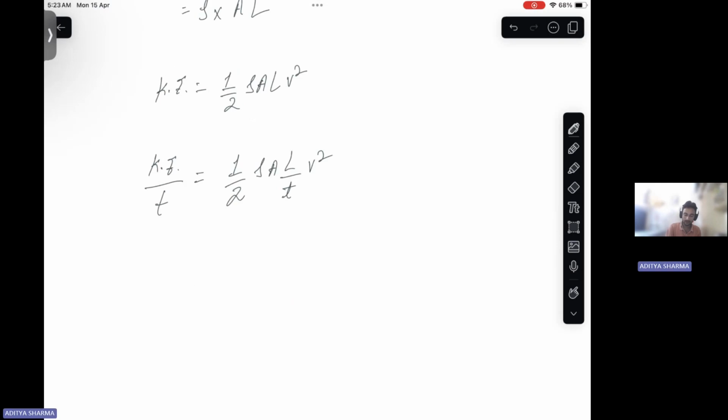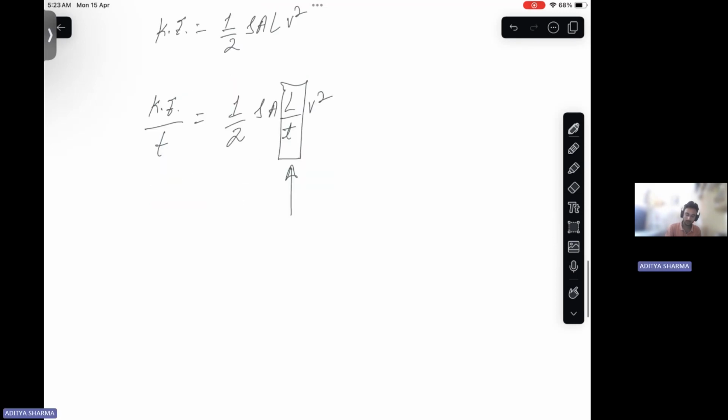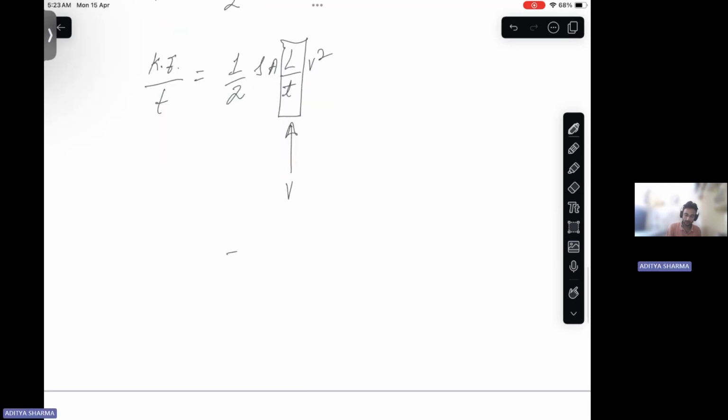And this L by T can be written as V. So our power requirement becomes half of rho A V cube.